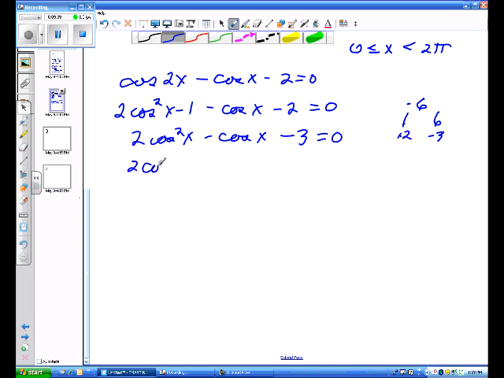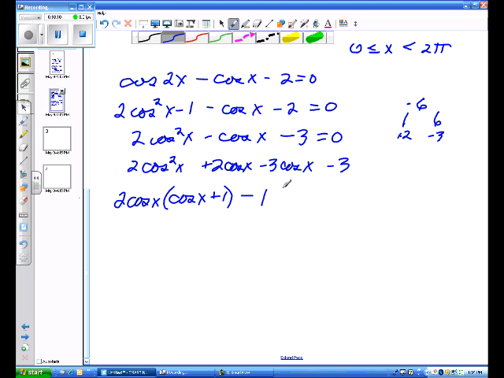So I can put 2 cosine squared x plus 2 cosine x minus 3 cosine x minus 3. Remember, I just replaced that negative cosine x with 2 cosine x minus 3 cosine x. We can factor out then a 2 cosine x times cosine x plus 1. Then I can factor out a -3.